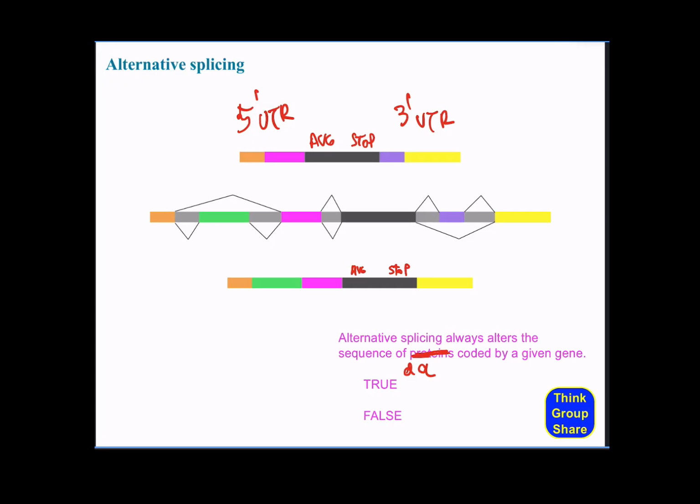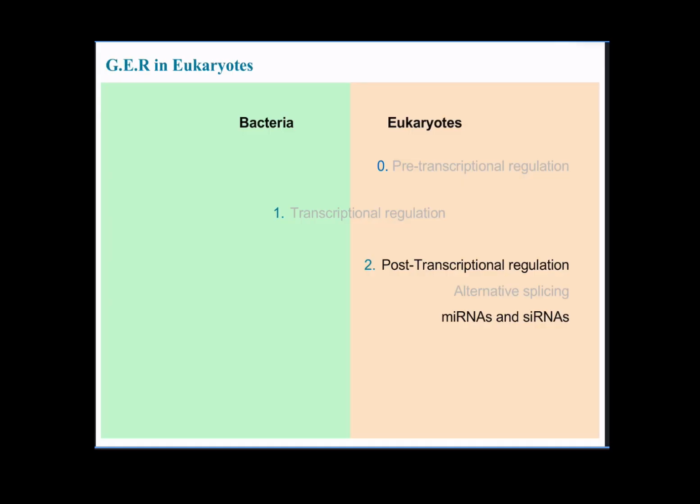And speaking of that, let's talk about another post-transcriptional regulation mechanism that we didn't mention before, but now is the time to talk about, and that is the regulation of mRNA stability by miRNAs and siRNAs. miRNA stands for microRNAs, and siRNAs stands for either silencing RNAs, or sometimes people call them short interfering RNAs.